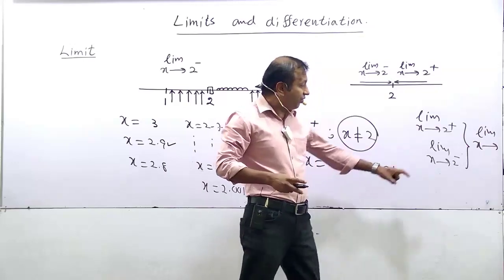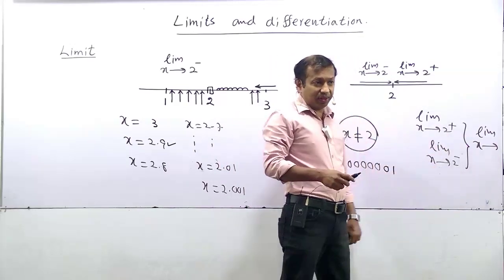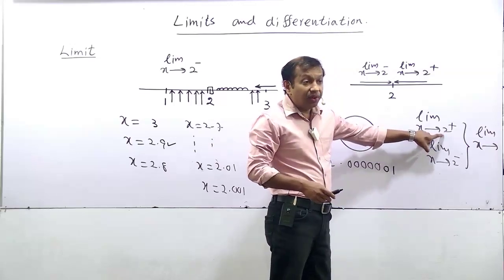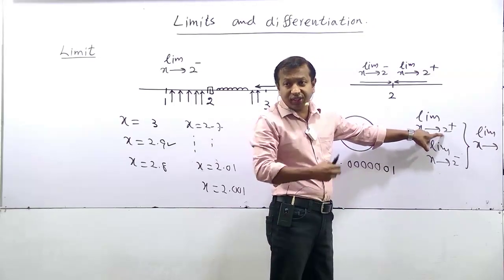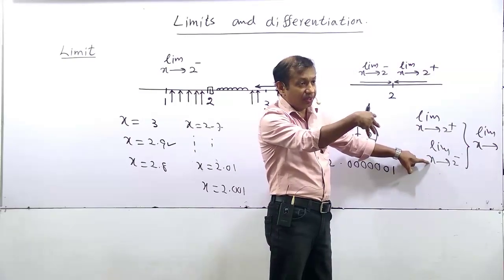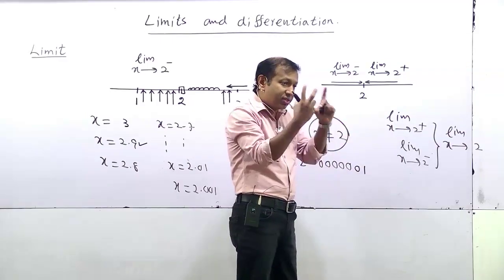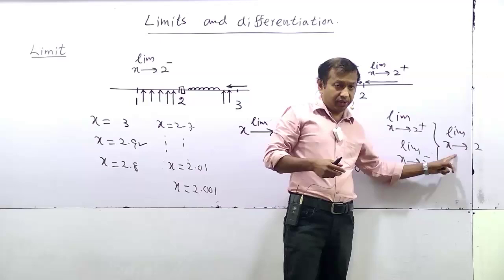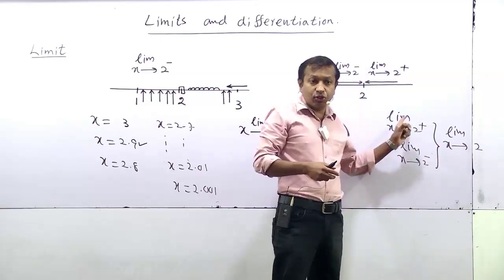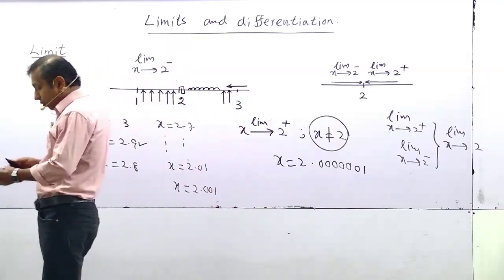Understand? Then this single statement contains both of these. This is called the right limit because x goes to 2 on the right of 2. This is called the left limit of 2. So once we need to write both in a single statement, this is how we write it. Therefore both are available in the single statement.